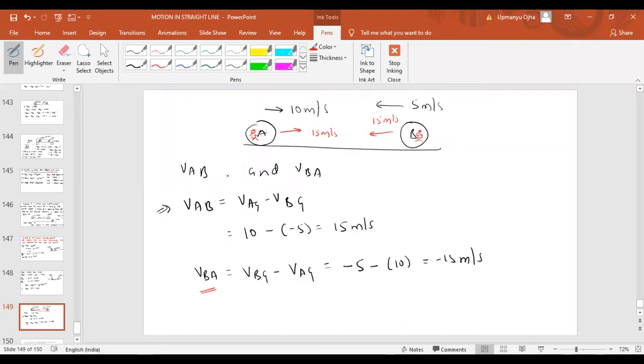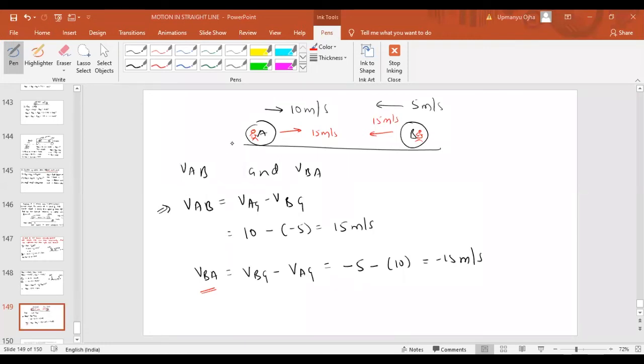See, if you think of A with respect to B, and the observer is at A, what will he feel about B? He will feel that B is moving towards him, on the left side, with the speed of 15 meter per second.